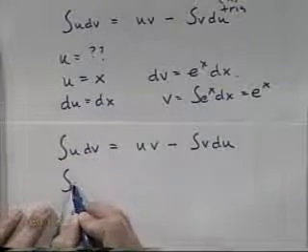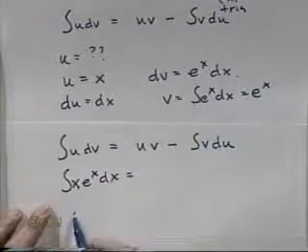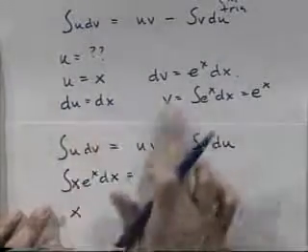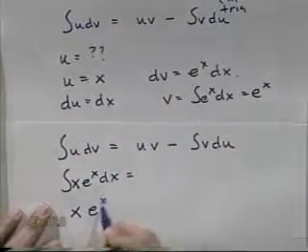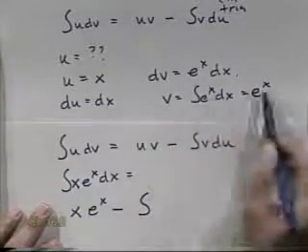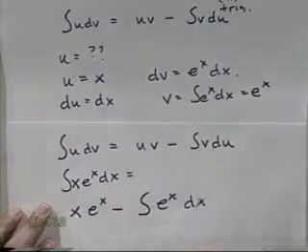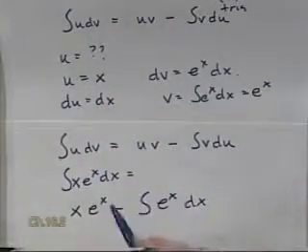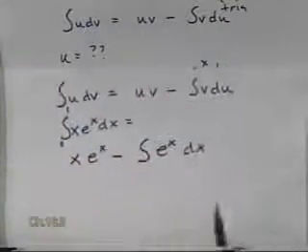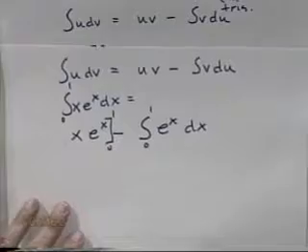So the integral of x e to the x dx is going to be u, which is x, times v, which is e to the x, minus the integral of v, which is e to the x, du, which is dx. And remember, our integral was going from 0 to 1, so we have to have this guy go from 0 to 1 and this guy go from 0 to 1.